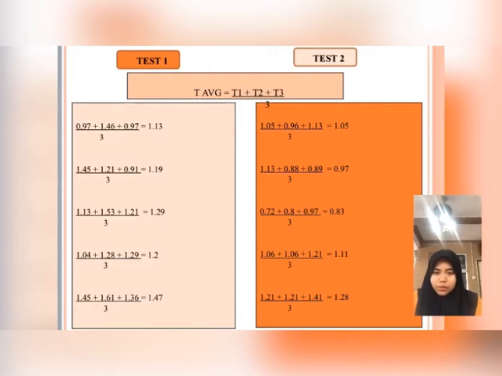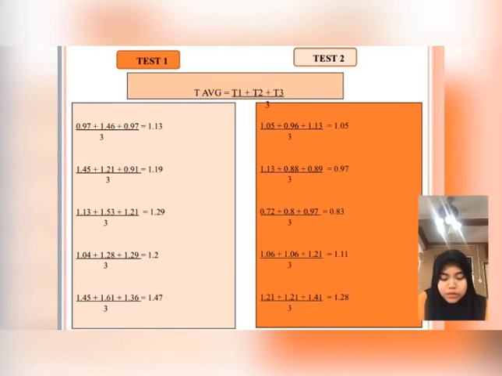Then 1.13 plus 1.53 plus 1.21 divide to 3, the equal is 1.29. 1.04 plus 1.28 plus 1.29 divide 3 equal 1.2. Last, 1.45 plus 1.61 plus 1.36 divide 3, the equal is 1.47.